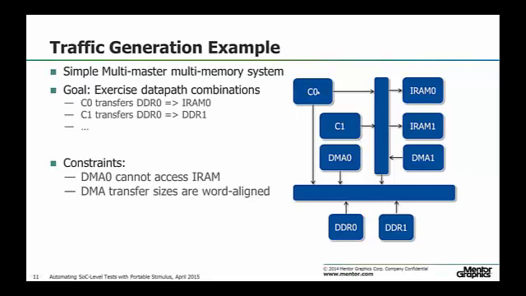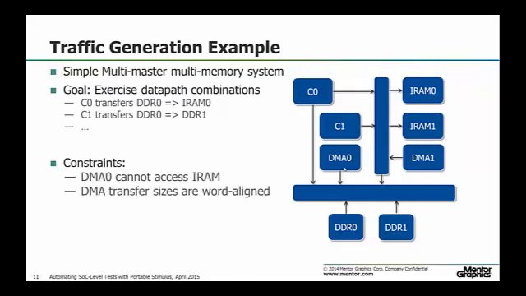So what happens if core 0 tries to write to an address at the same time as DMA 0 tries to read from it, things of that nature. There are also some constraints that are implementation specific, like DMA 0 cannot access internal RAM, for example. The DMA can only do word-aligned transfers.